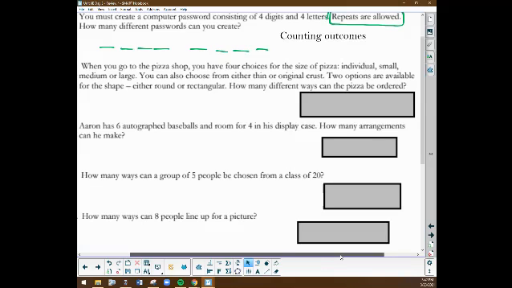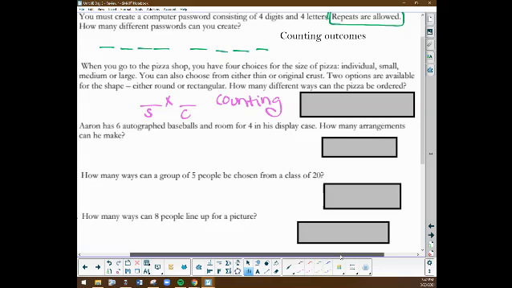For this one, you can have a size. How many different options do I have for the size? And then how many different options do I have for the crust? We multiply those options together. This is a counting principle, so it is neither permutation nor combination.